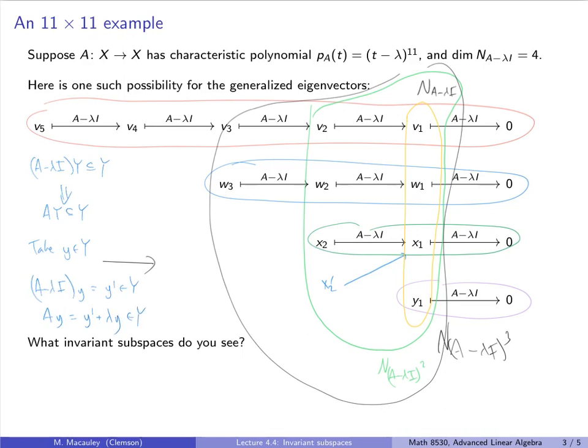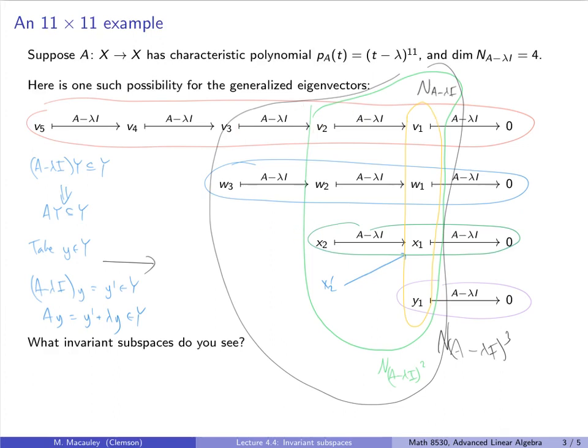Okay, so any of these invariant subspaces here, not just these chains, but also this yellow one, this green one, this black one, etc., or a mixed bag of them. Like I said, you can mix and match. You've got to be careful. You can't take v1, v2, and v5 and w2 and w1. If you take any of these generalized eigenvectors, you have to take everything to the right.